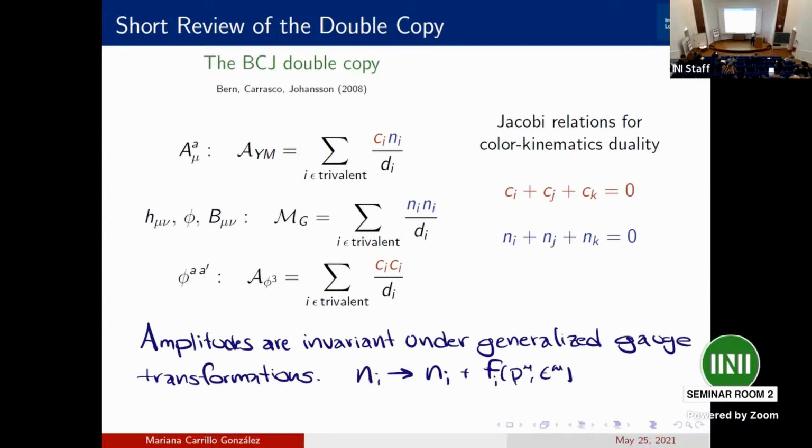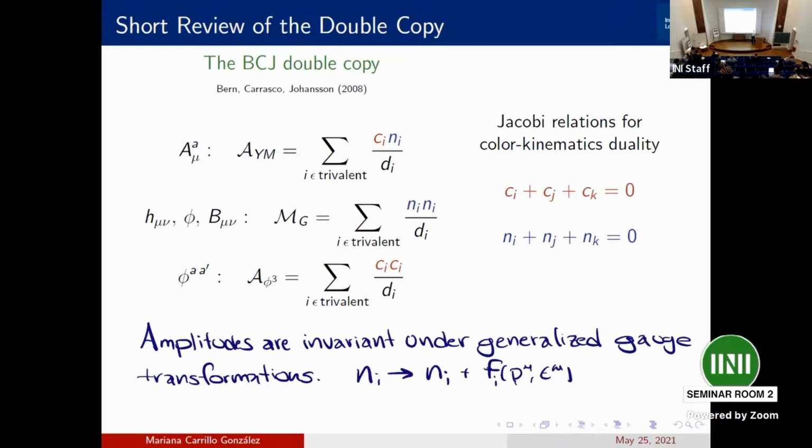These c_i are called color factors, and they depend on the structure constants of your group, think of SU(N), for example. The n_i, on the other hand, are kinematics, so they depend on momenta or the polarization vectors of your Yang-Mills. Here in the denominator, you will have just the multiplication of propagators that arise in your amplitudes.